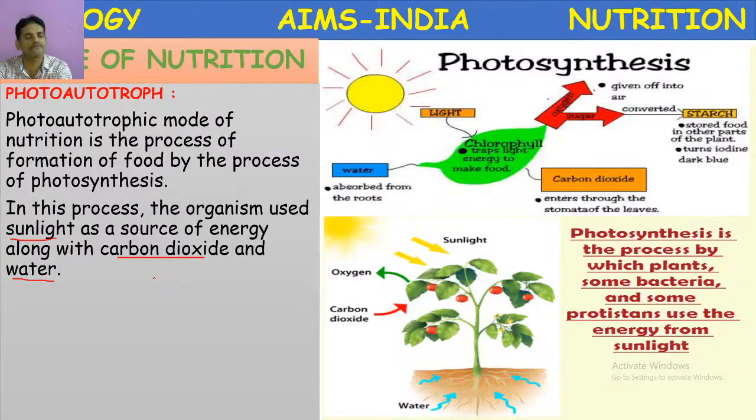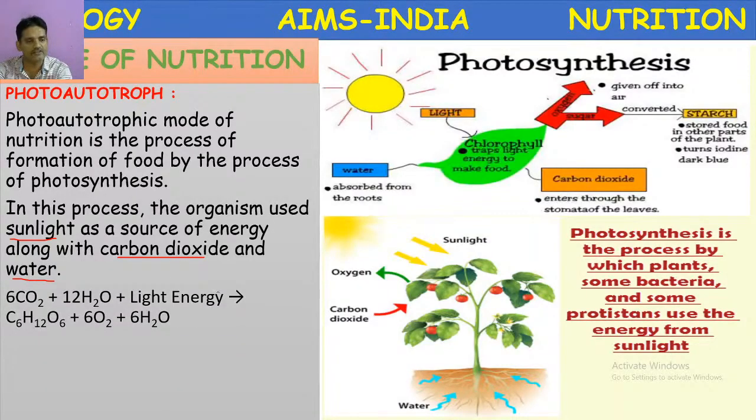In the presence of sunlight, carbon dioxide, water and chlorophyll undergo a photochemical reaction. This is the general equation: 6CO2 plus 12H2O in the presence of light energy and chlorophyll produce C6H12O6 plus 6O2 plus 6H2O. During this process, oxygen is released.